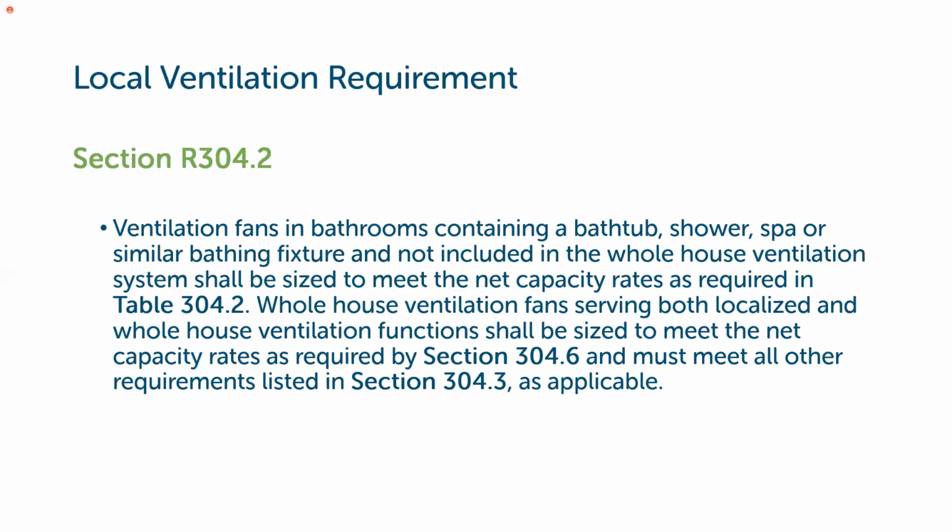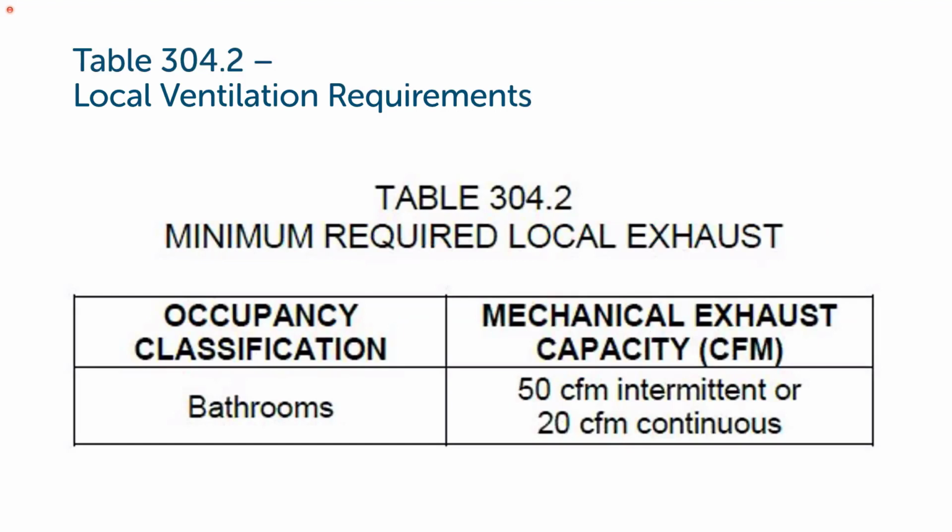So beyond the whole house building ventilation requirements, there are local ventilation requirements called out in section R304.8. So this basically means that rooms in the house, bathrooms that have tubs, showers, spas in them, need a ventilation option in there to remove excess humidity during the times those bathrooms are in use. And so this is the local ventilation requirements called out in table 304.2.